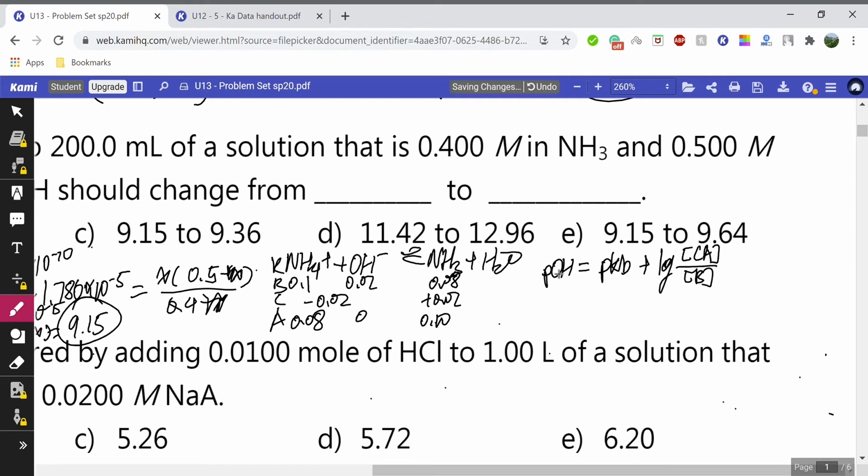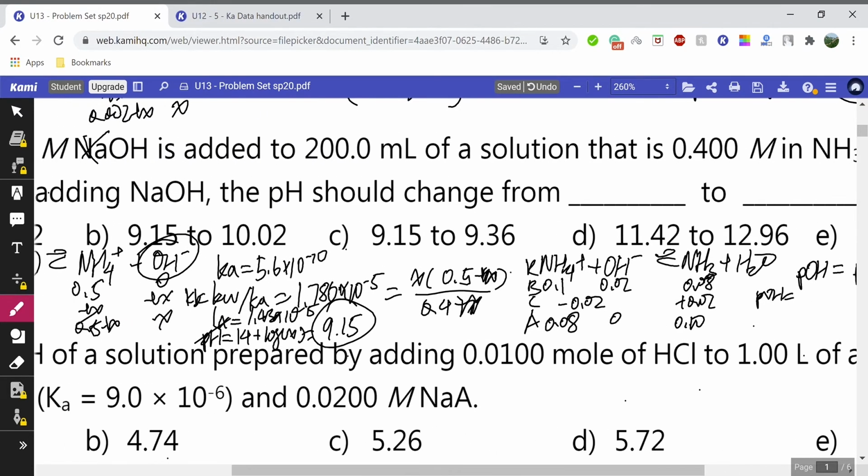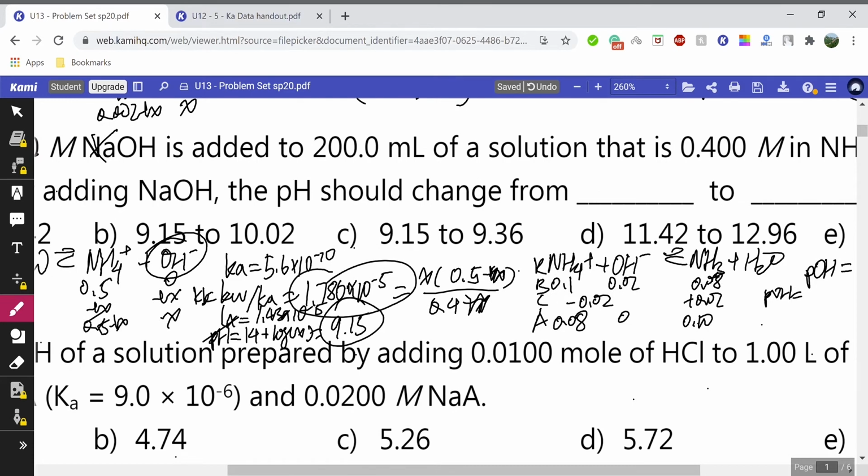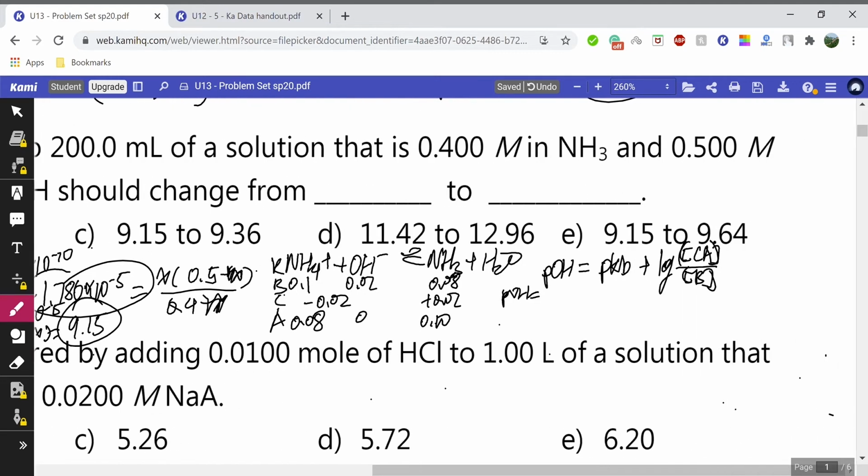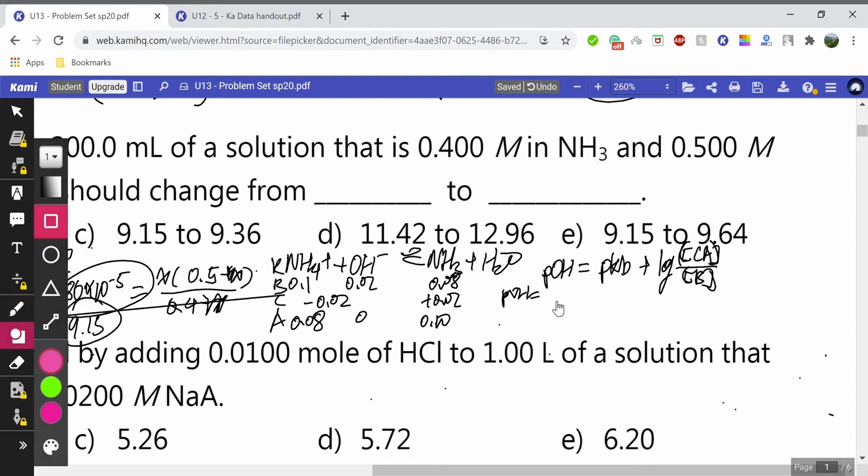We can use moles because in the end it's the same thing when you divide both by the same number. So what is Kb? We found Kb over here as 1.786 times 10 to the negative fifth, and when we take the negative log, it gives us 4.75.